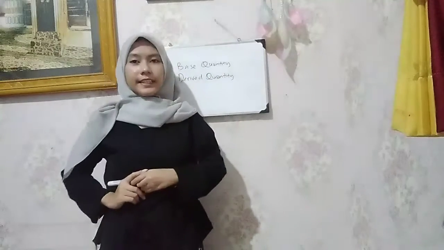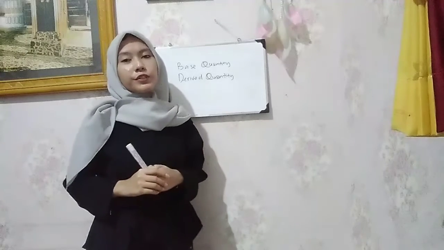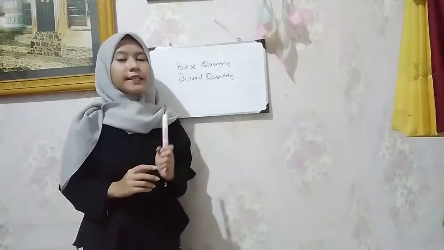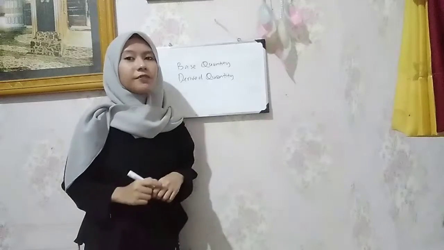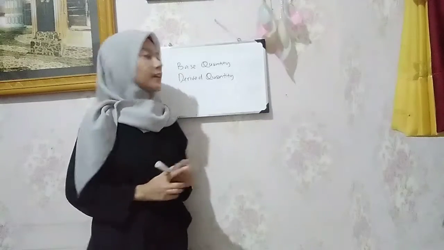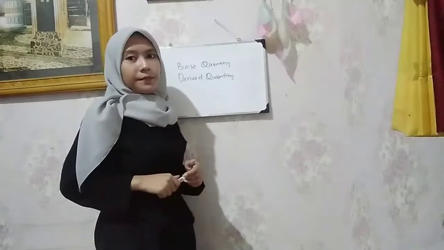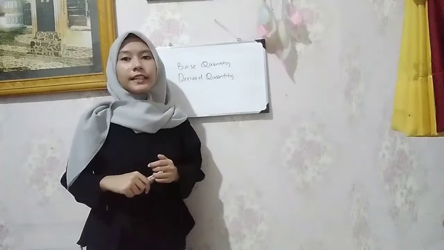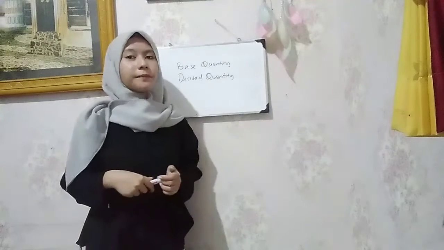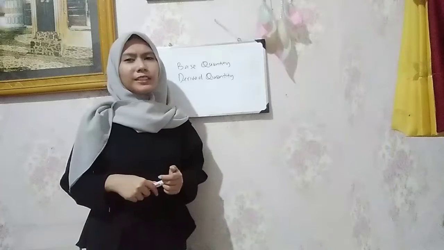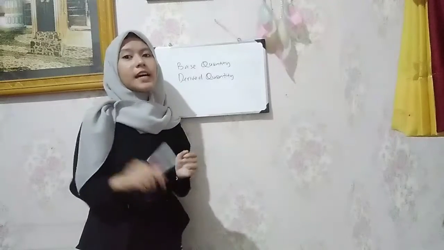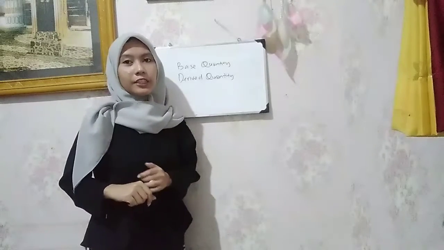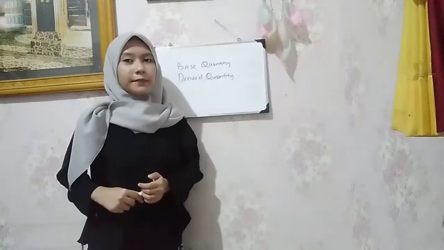The base quantity is the quantity whose unit has been determined in advance and is not derived from other quantities. The derived quantity is the quantity that is derived from the base quantity. That is, to determine this quantity, it must use certain formulas that contain the base quantity.